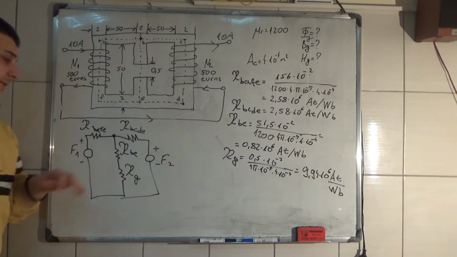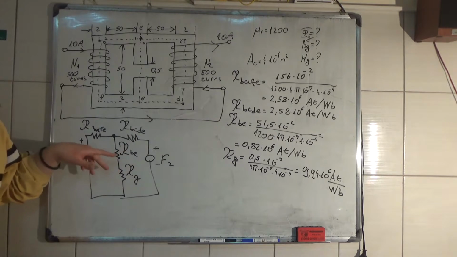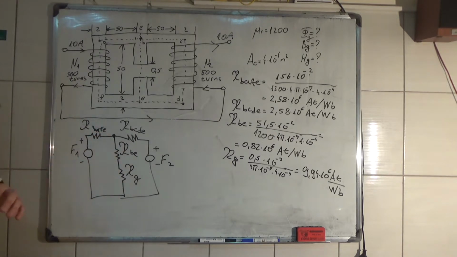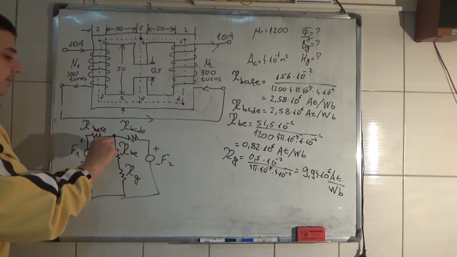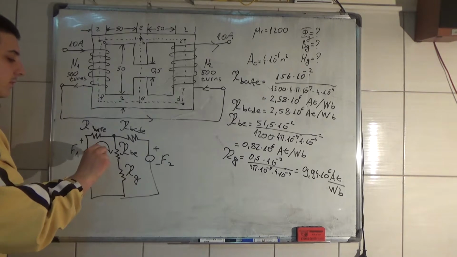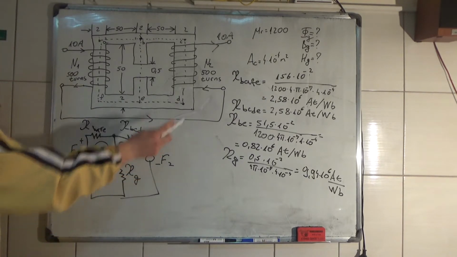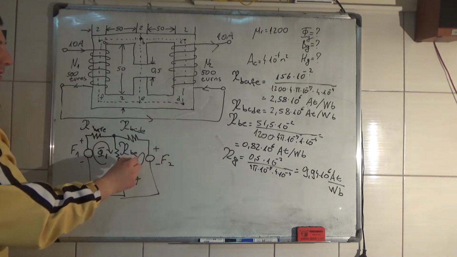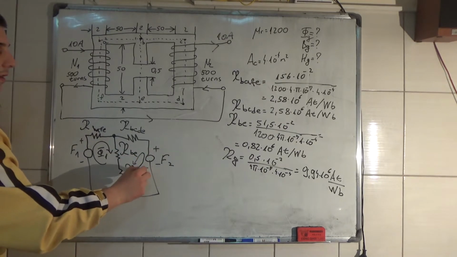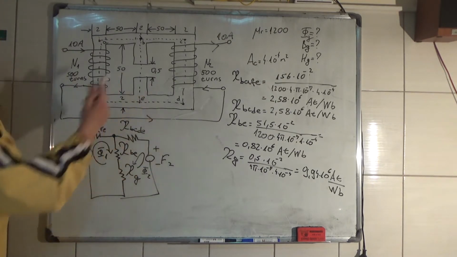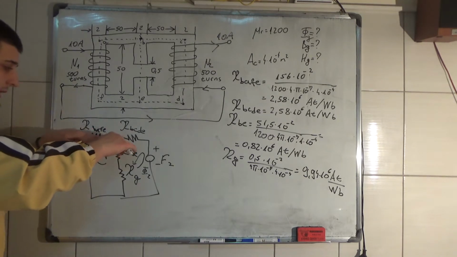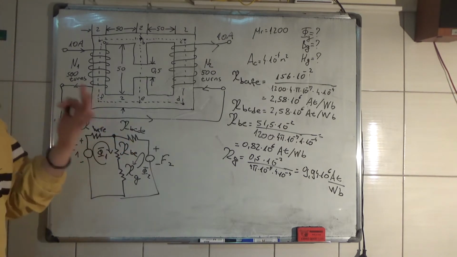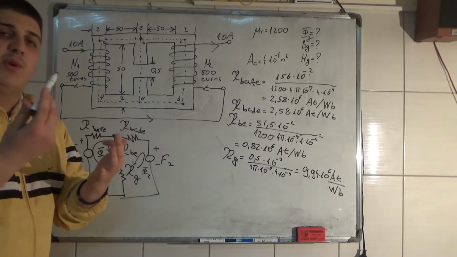Now we can measure the fluxes in that magnetic circuit. You know that this coil will produce a flux that is going to go like this, and this coil is going to produce a flux that is going in this direction. Here, the fluxes in this node are going to add to each other.